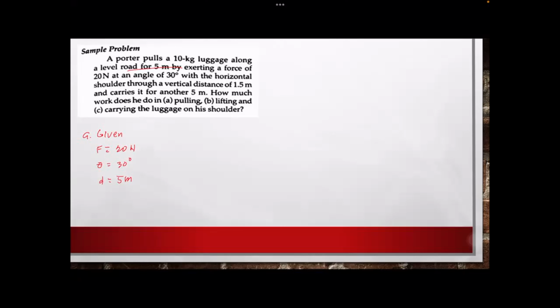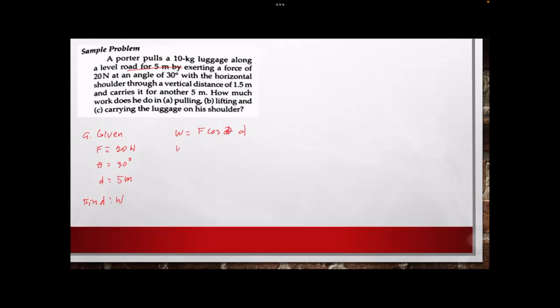So we need to find W. W is equal to F cosine theta times D, or F times S times cosine theta. The letters can be in any order because they are multiplication.